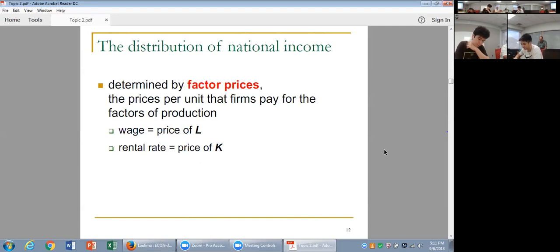But what this slide tells us is, why does everyone get what they get? Why is Ashton McNaughton's father so rich?